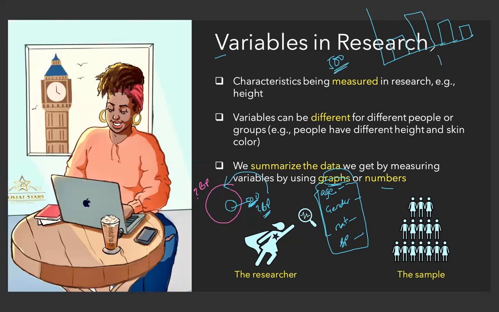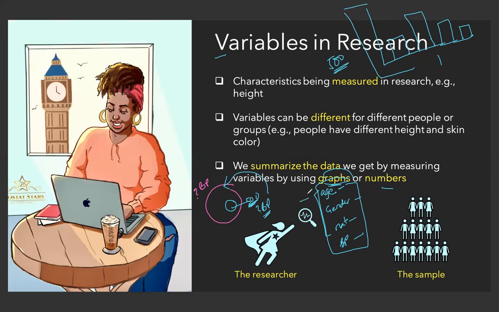It's easy to look at, it's clean, and it makes it simple for you to see that there seem to be a lot more Lebanese people in the sample than American people, for example. So looking at this graph helps you to make some quick interpretations. This is one of the reasons why it's good to have graphs that can summarize the data. And also, for example, we can summarize the data using numbers.